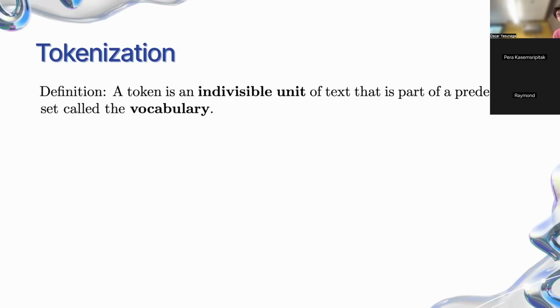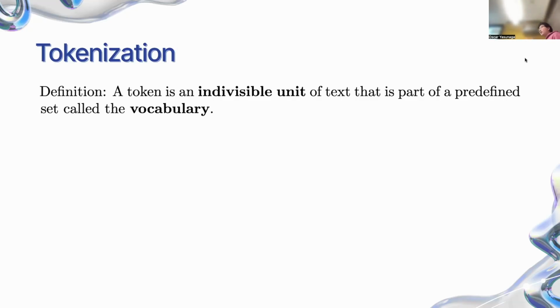And in terms of definition, a token is an indivisible unit of text that is part of a predefined set called a vocabulary. You define what a token is when you train a tokenizer. A very popular one is called byte pair encoding, which does some frequency matching.